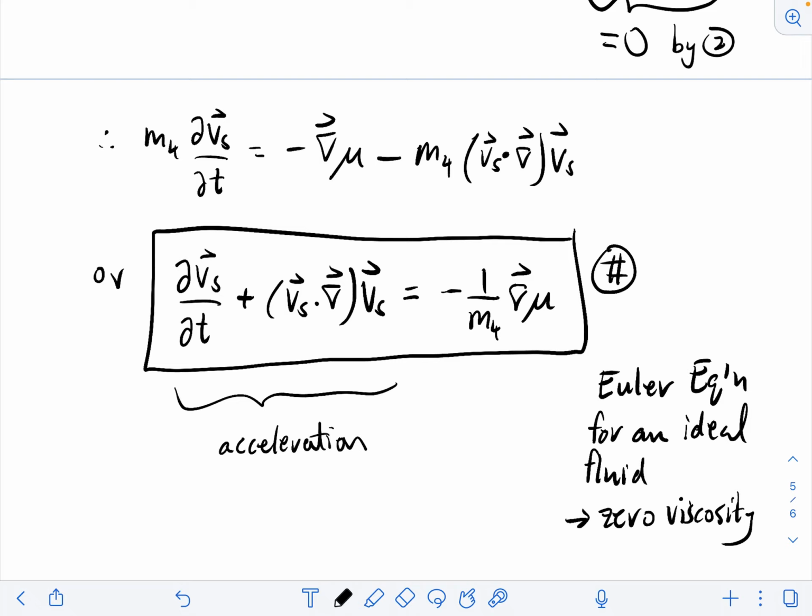So we have basically a force equal to an acceleration, or what we really have is A equal to a force divided by m. So it's like a Newton's law for the fluid. And so this here is minus the gradient of potential energy.